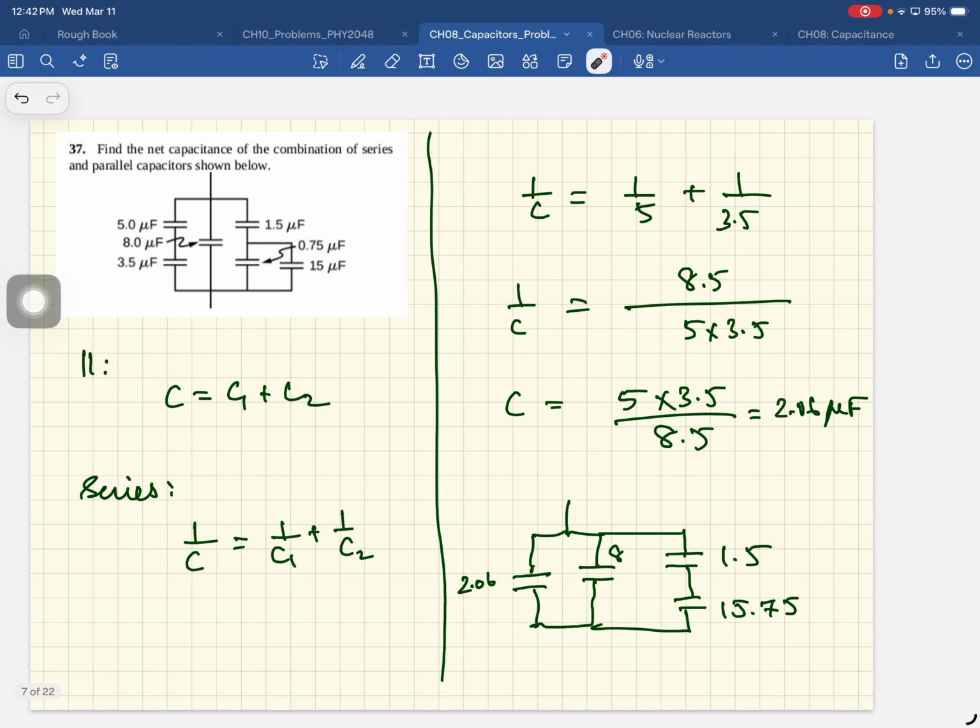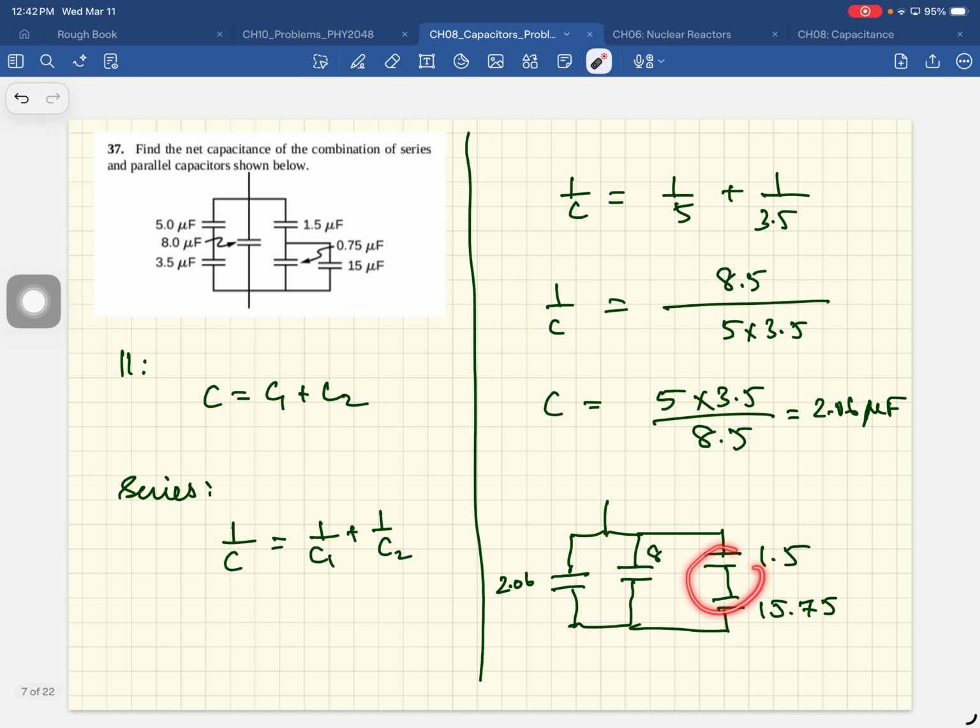Okay. These are in series, so you'll use this formula to find that.